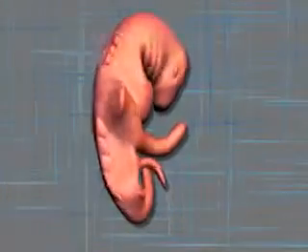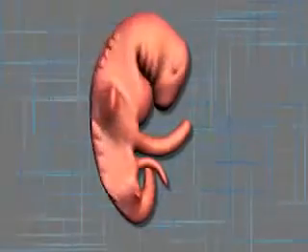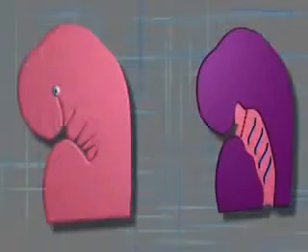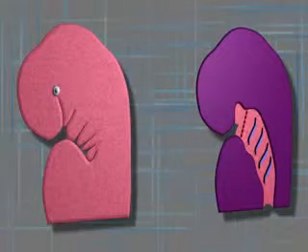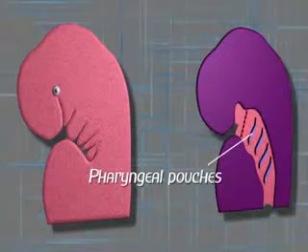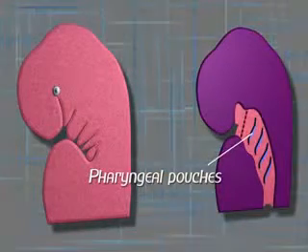The arches are clearly seen as bulges on the lateral aspect of the embryo and are separated externally by small clefts called branchial grooves. On the inner aspect of the pharyngeal wall, we see corresponding small depressions called pharyngeal pouches that separate each of the branchial arches internally.